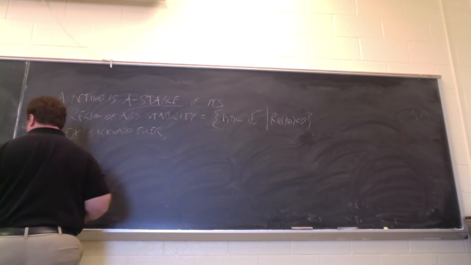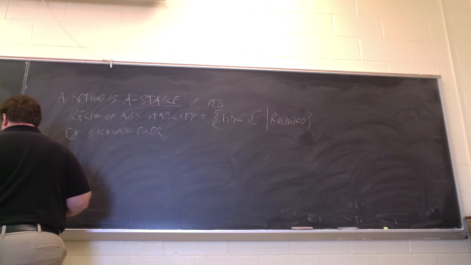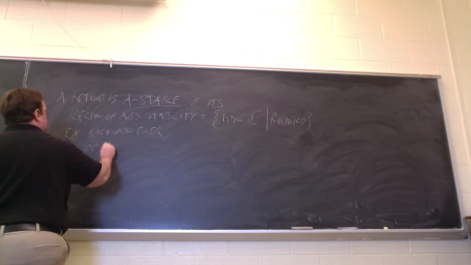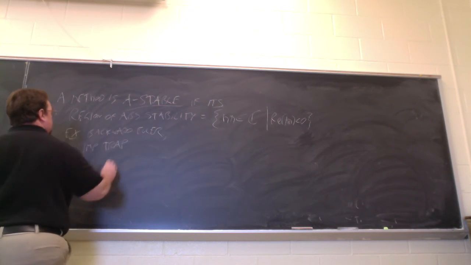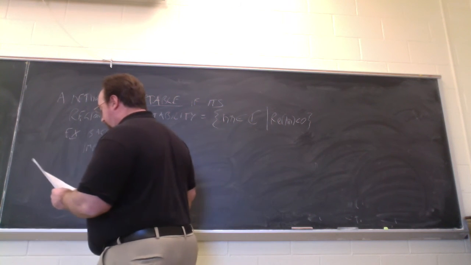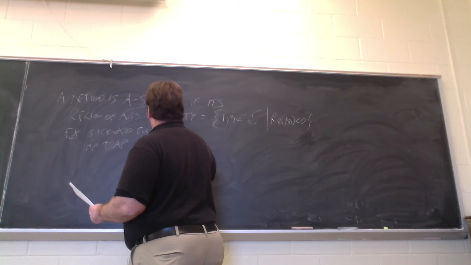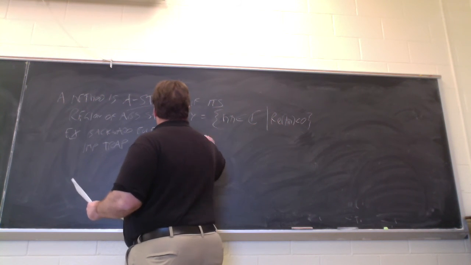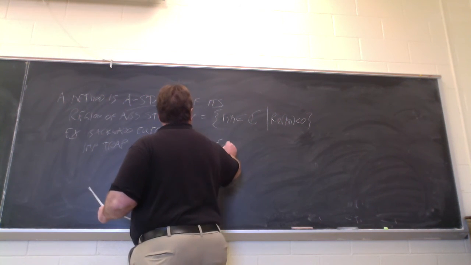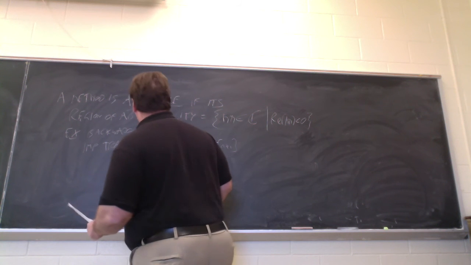Another is the implicit trapezoidal method. In that case, you have y n plus 1 is y n plus h over 2 times f n plus f n plus 1.